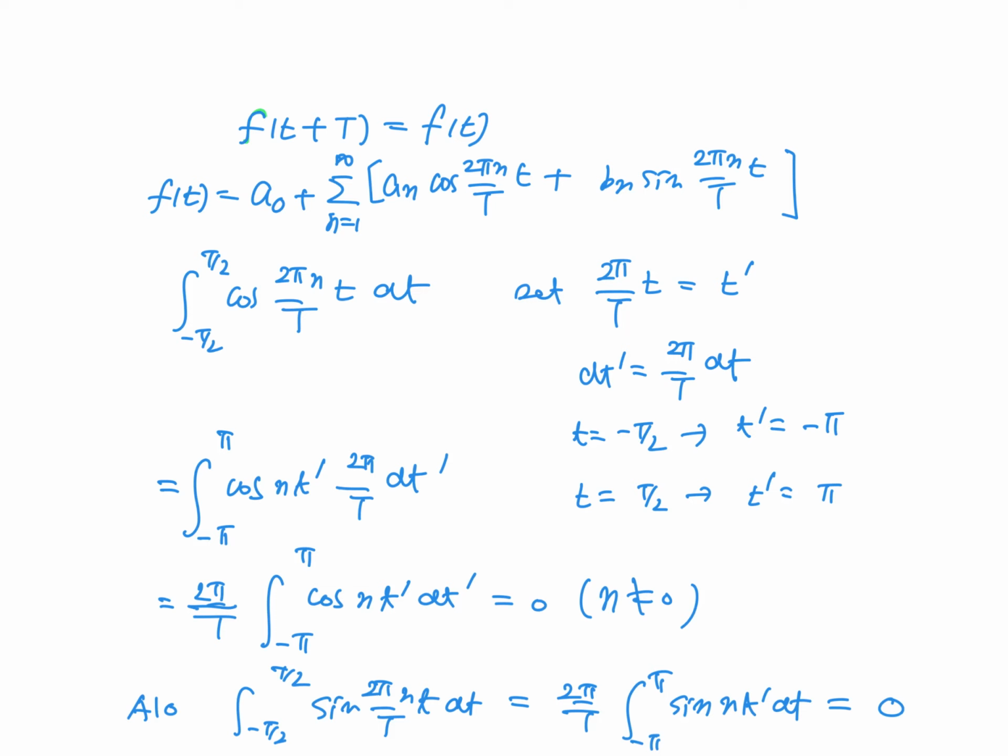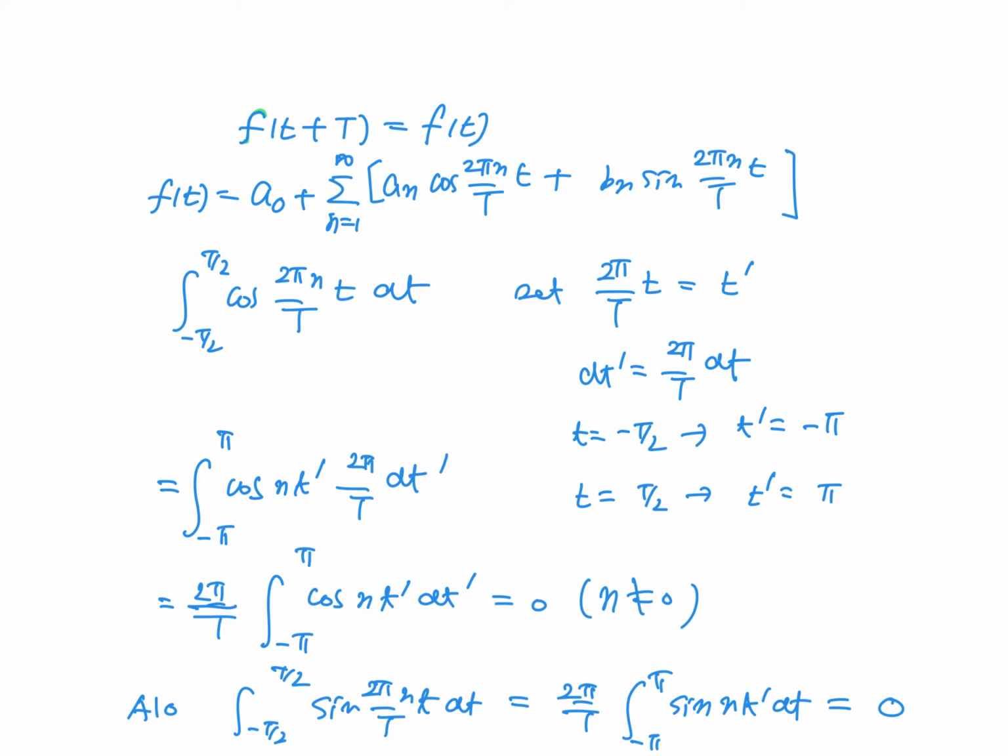So that part is called integration by substitution, or I think in 정석 they used 치환적분, to replace this 2 pi t over T by t prime. Then this integral can be transformed into a very nice form. This way, right? It's all 0.